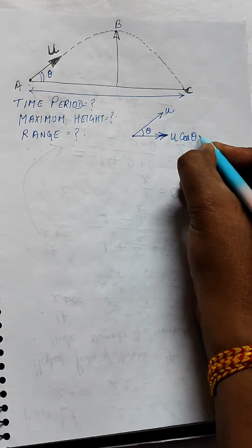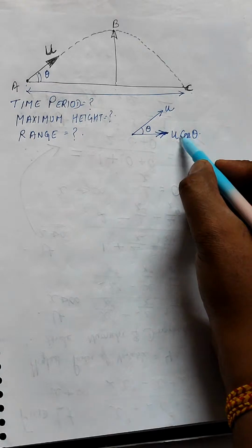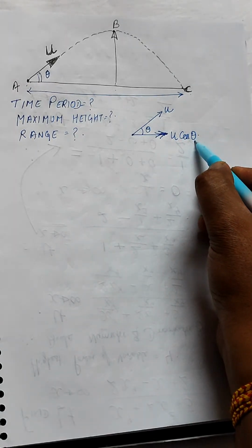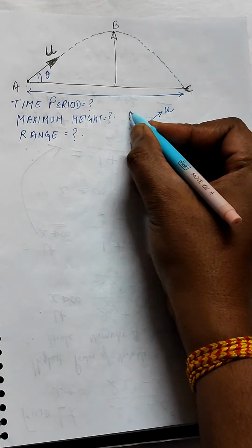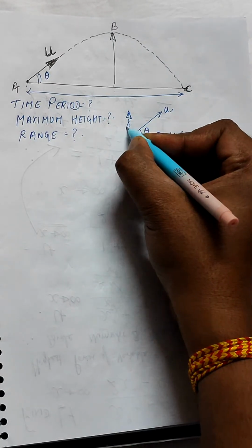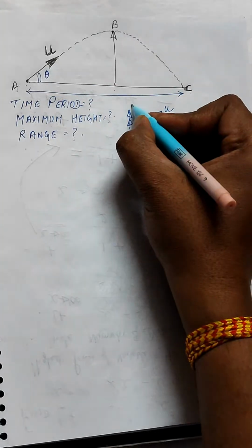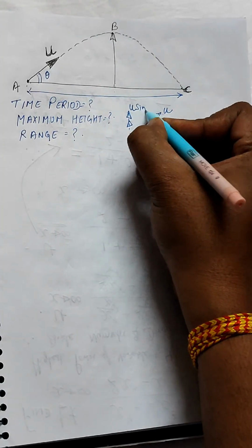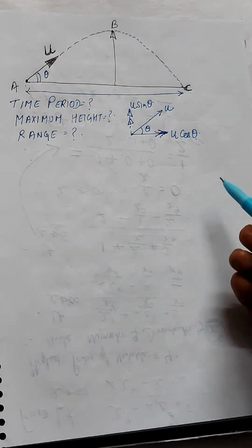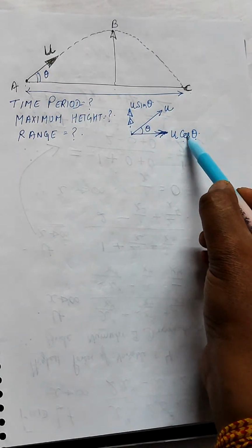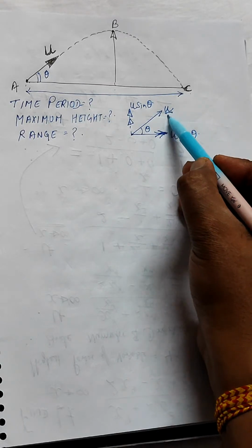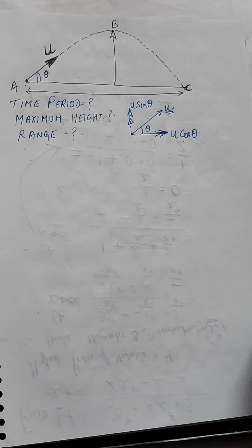U cos theta is the horizontal component of the initial velocity of the projectile, and the component which will be acting in the upward or vertical direction is u sin theta, right?